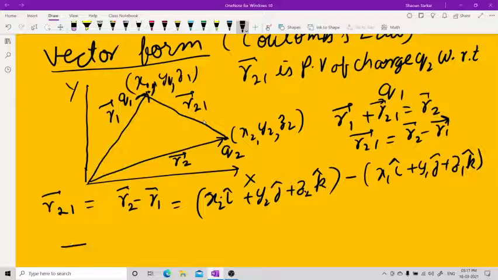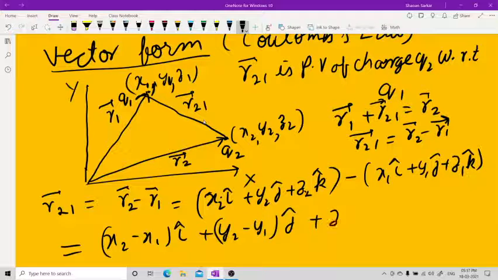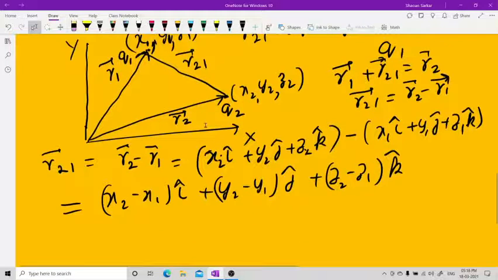Now this all is equal to x2 minus x1 i cap plus y2 minus y1 j cap plus z2 minus z1 k cap. This is nothing but the r21 vector, and now I want to find the force on the charge q2 due to q1.